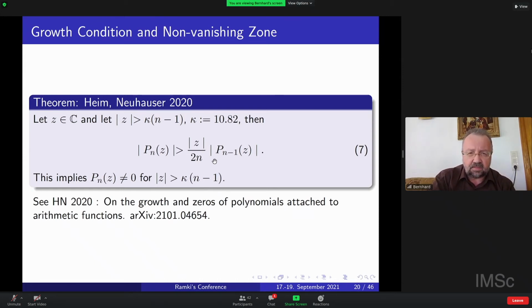So this was quite a big step, and it turned out when you calculate the root bound, it's quite close to what you see numerically.